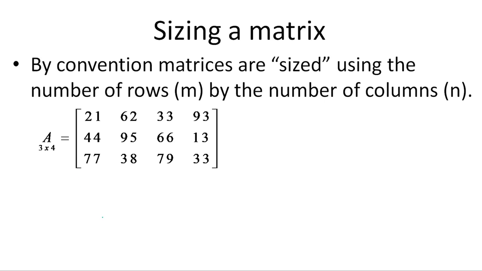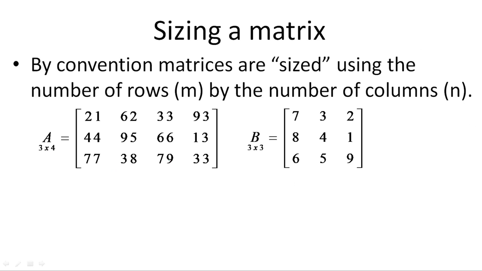We have 3 rows in this matrix, and we also have 4 columns, so this is the 4. So you will usually see the size of a matrix given by m cross n. So in this one we have matrix A, and the size of matrix A is 3 by 4.